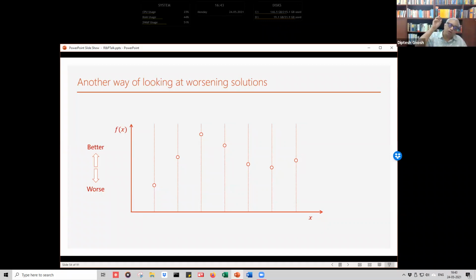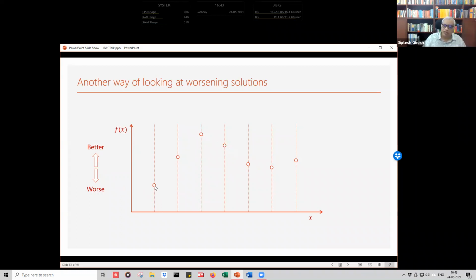So if I talk about a function value of f2, its neighbors would be f1 and f3. If I'm talking about a function value at point 3, its neighbors would be 2 and 4. As usual, I'm trying to maximize that function.